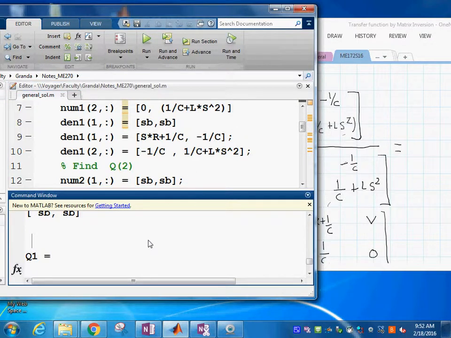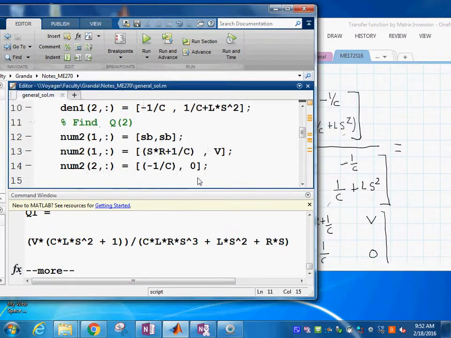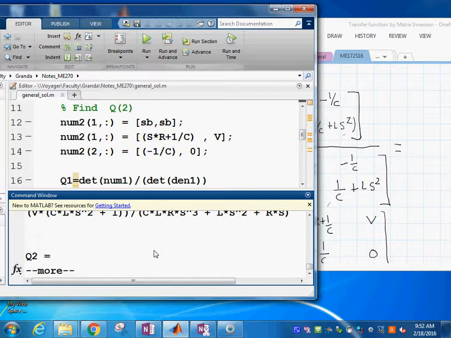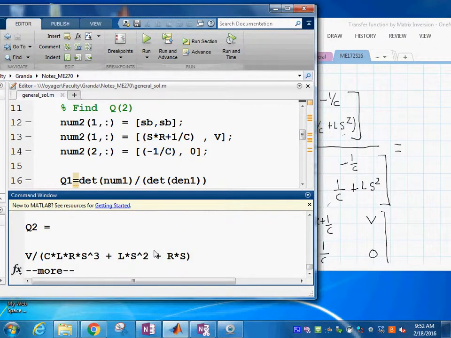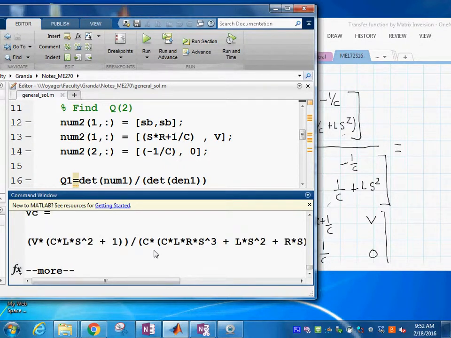If you go down, we are finding another transfer function for V sub R. Then you find the numerator and the denominator, and see how these statements that I have in here are suppressed because they are not numbers.